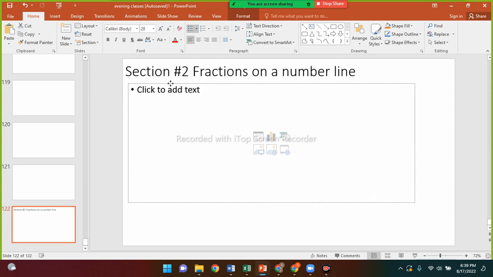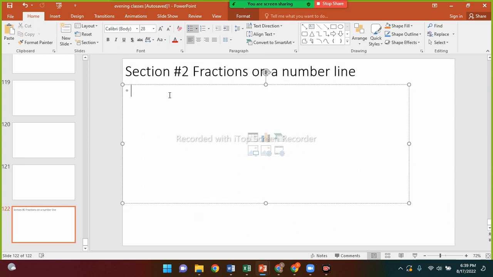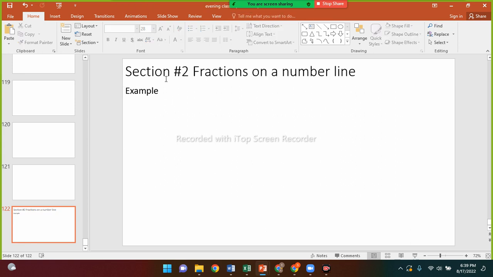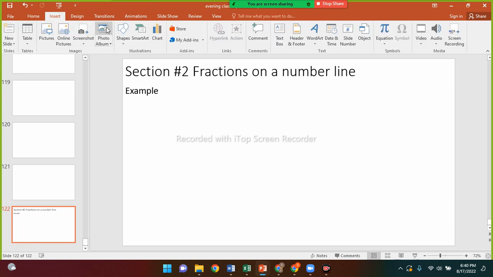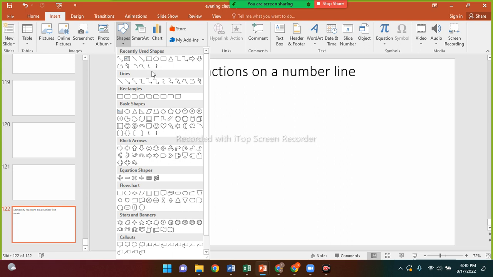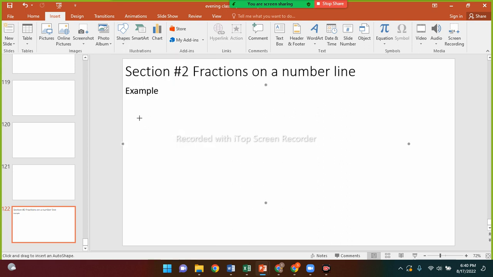Let's consider this example. Let's assume that we have this line. This is a line that we have, so this is going to be our number line for the day.